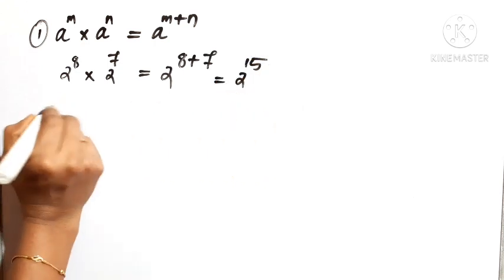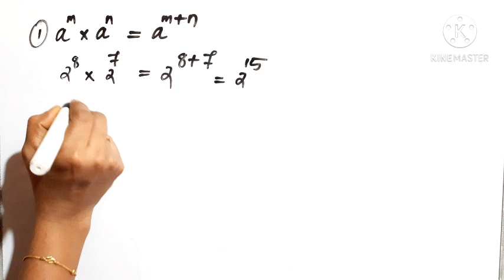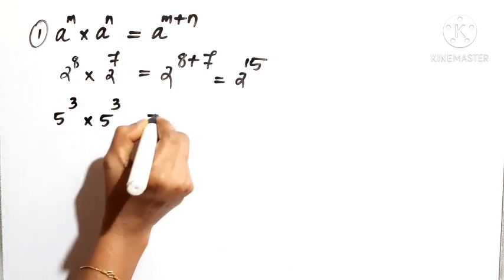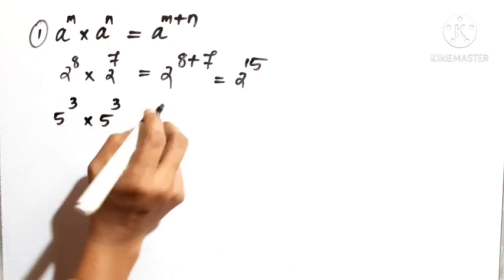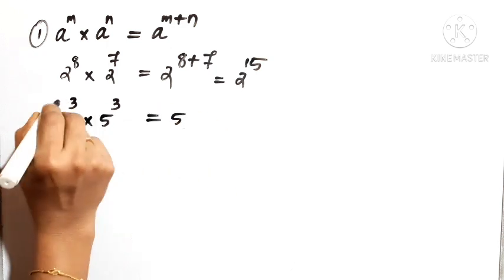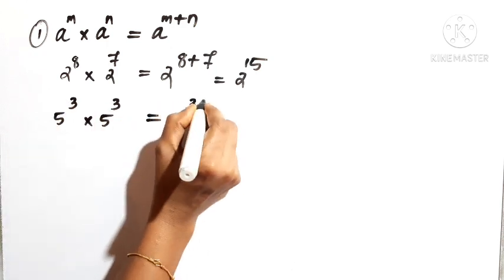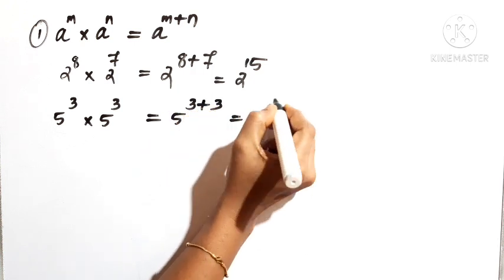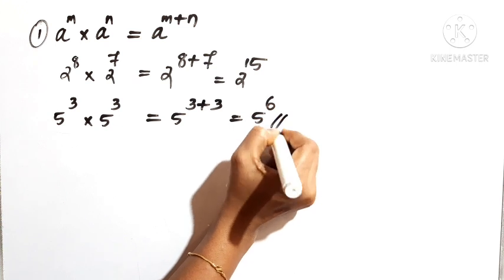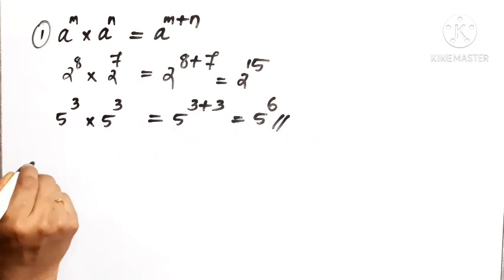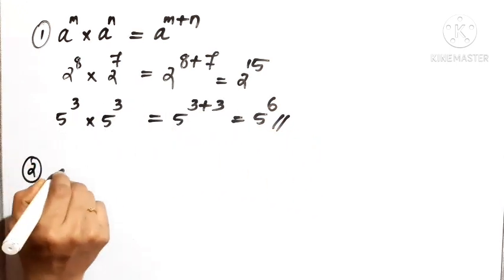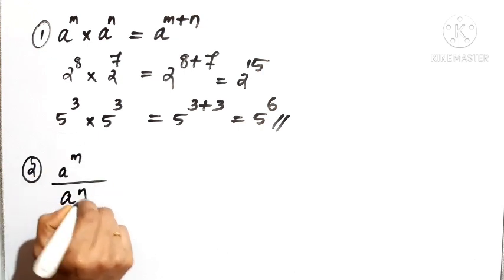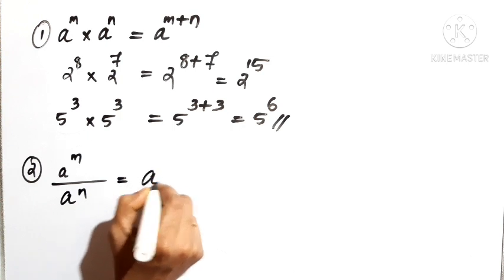Okay, another example, 5 raised to 3 into 5 raised to 3. Bases are equal, right? So answer becomes 5 raised to sum of 3 and 3 equals 5 raised to 6. Is it clear children?